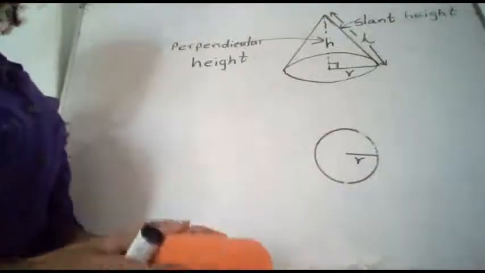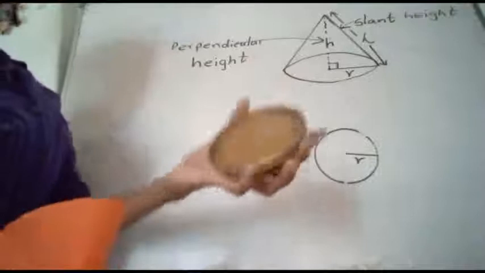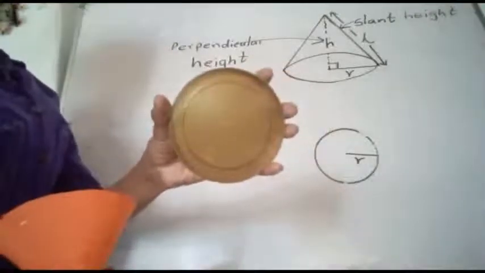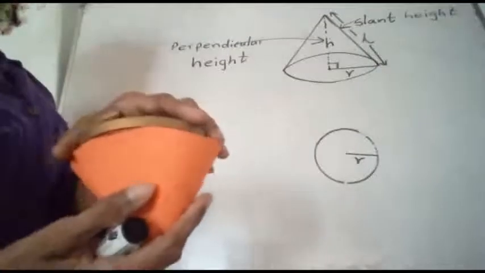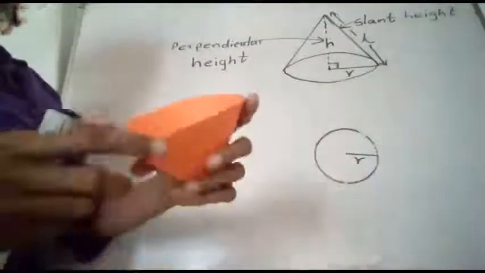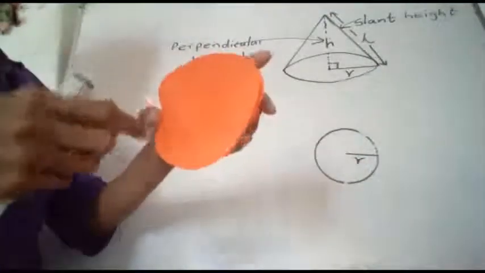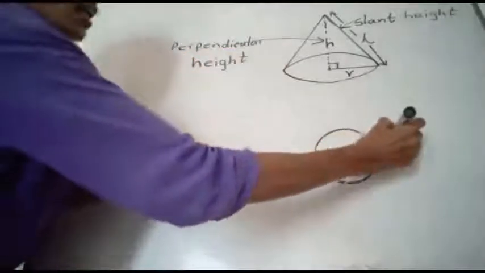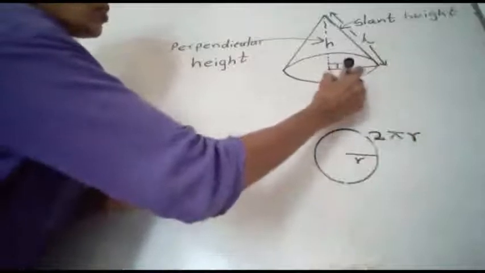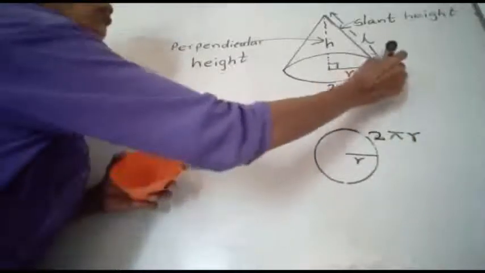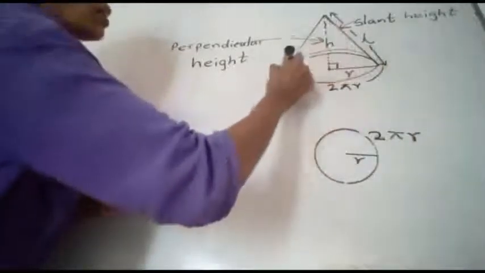Then the circumference of this circle is equal to 2πr.